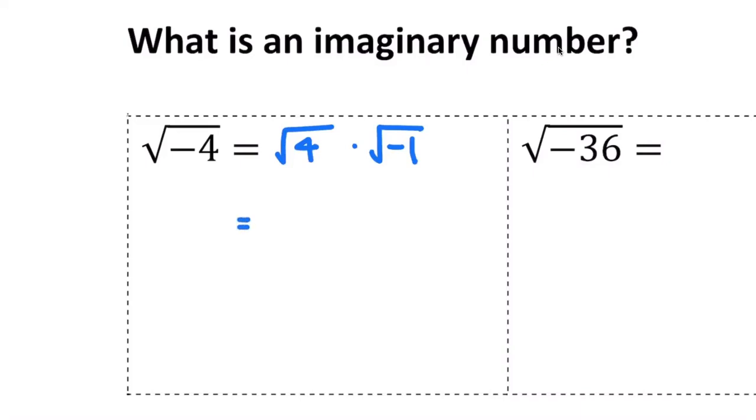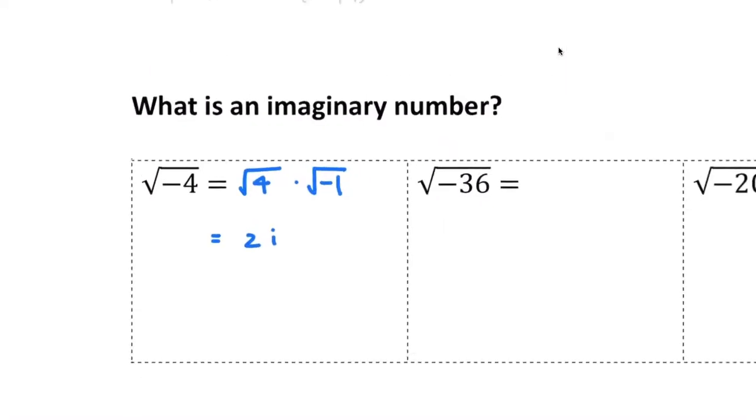And then we say, oh, what's square root of 4? Yeah, we know that it's 2. And then what about the square root of -1? Now, that is our i. That is our imaginary number. So first and foremost is the understanding that square root of -1 is known as i, our imaginary number.